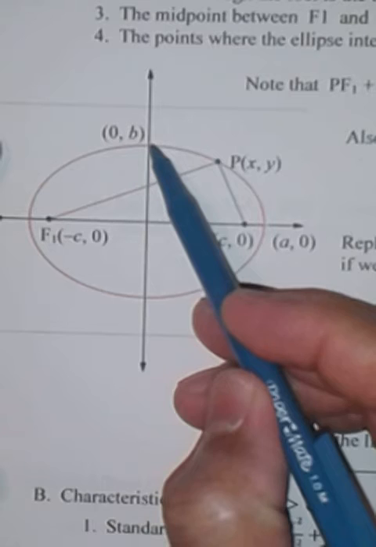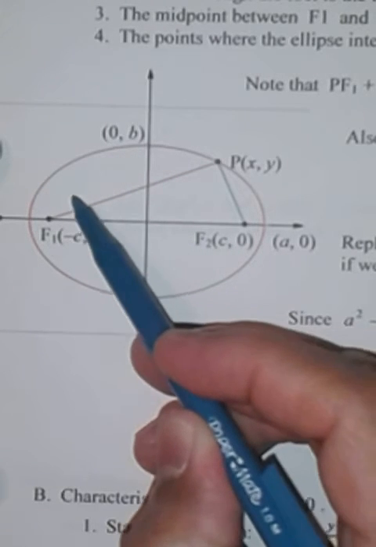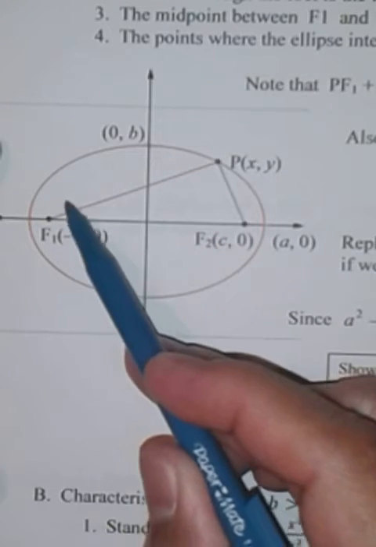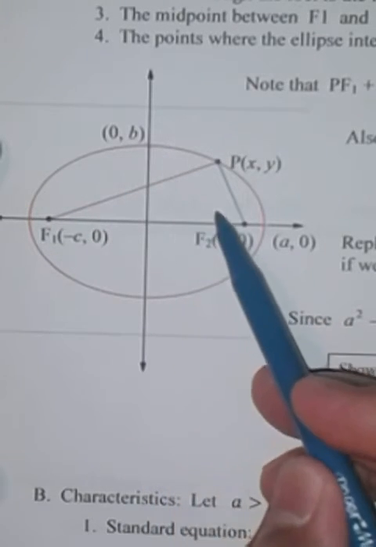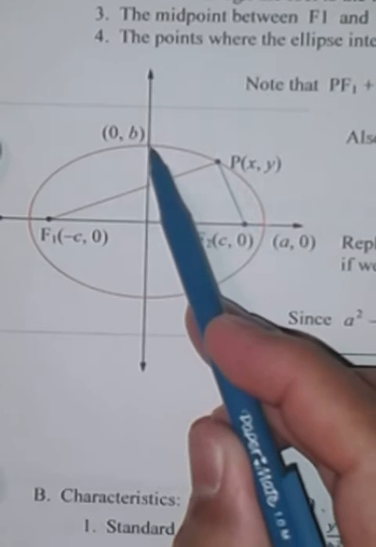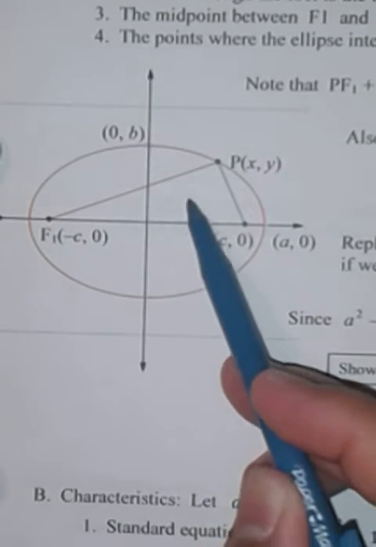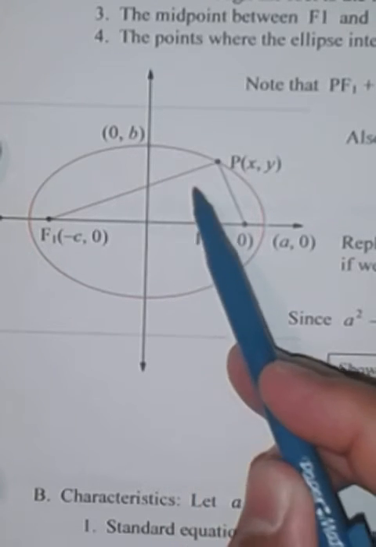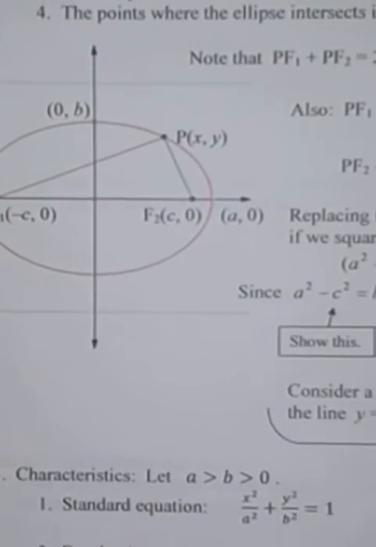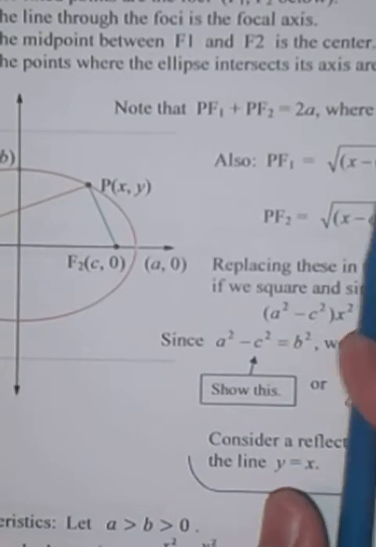Well, if we look at this point up here at (0, b), the distances to the foci have to add up to 2a. They're the same distance, so therefore each distance is a, right? This is b, this is c, so therefore b squared plus c squared equals a squared.